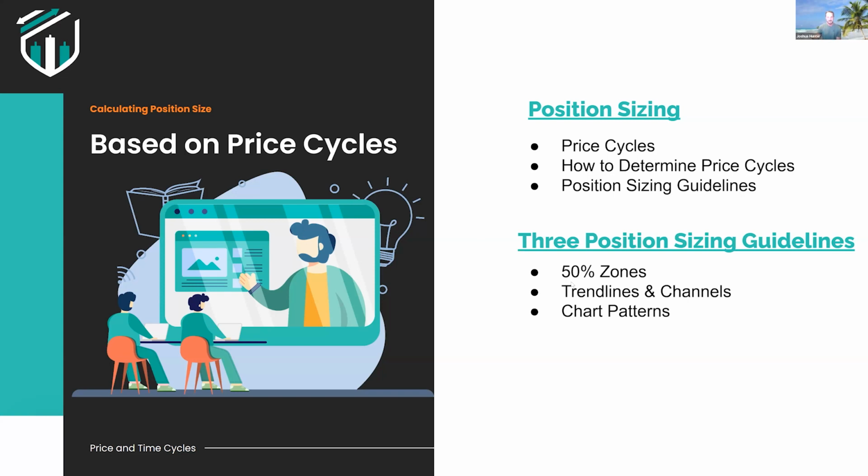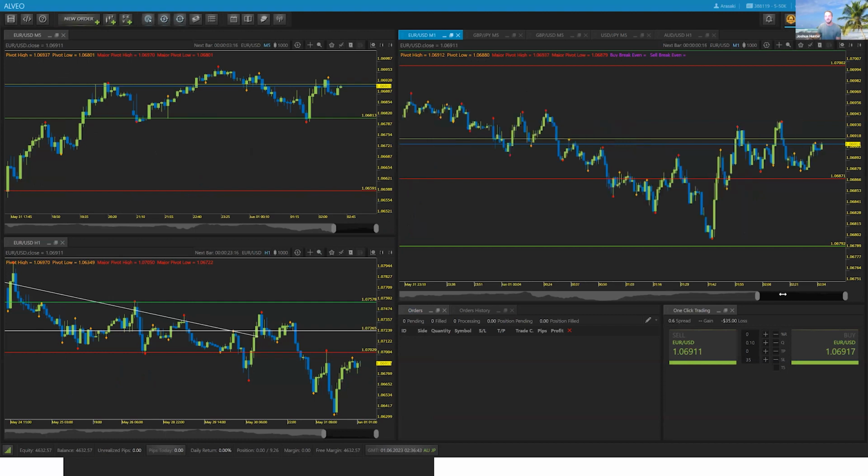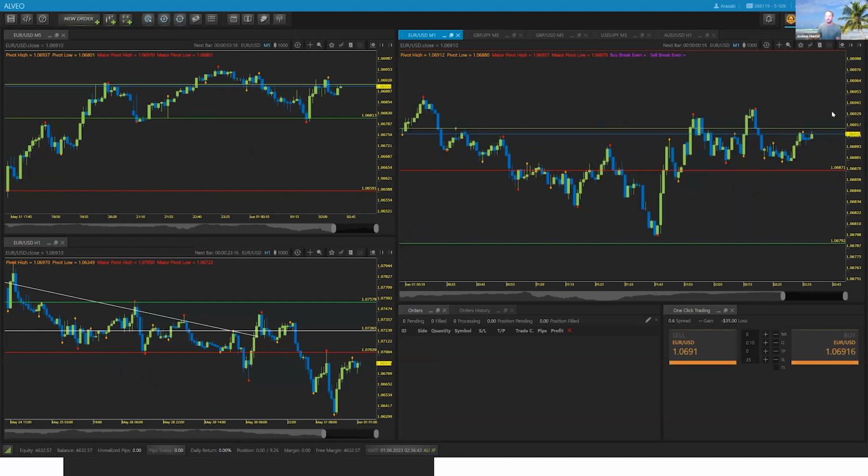Let me see. Sometimes this works a little bit better without the slide. Okay. I use the pivot indicator, but this may help. Let's clear on this. See, these are the little pivot indicators that Alveo has.